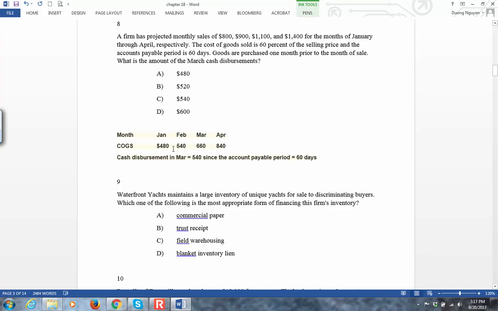For example, in February, cost of goods sold is equal to 0.6 times the sale in February, which is 900, equal to 540. So you can see that the cost of goods sold in February is 540.